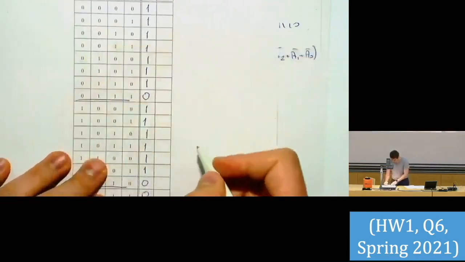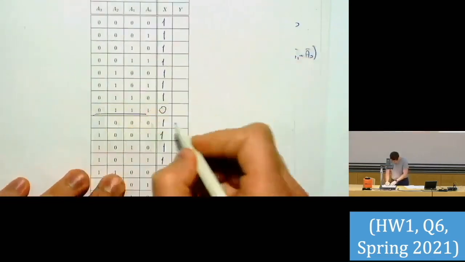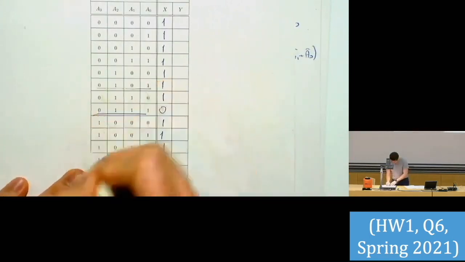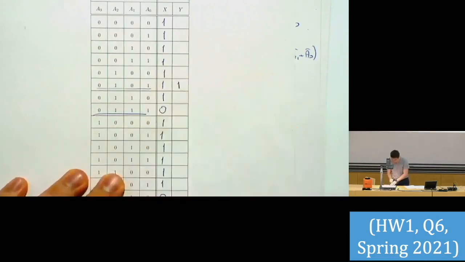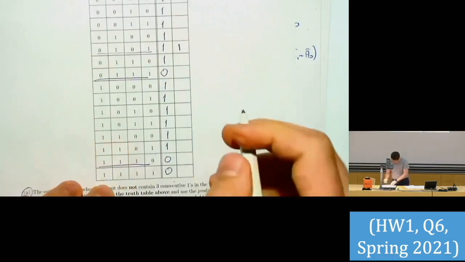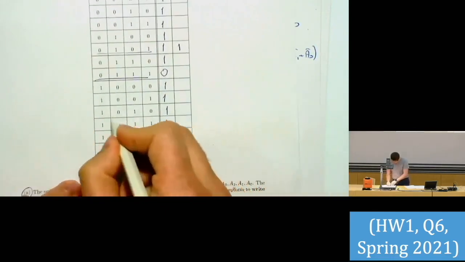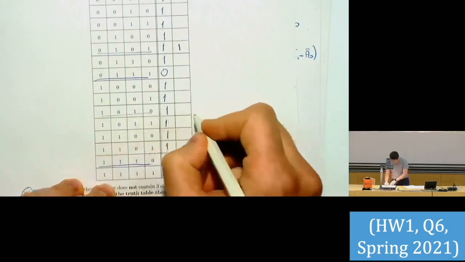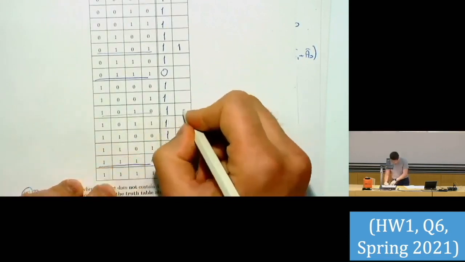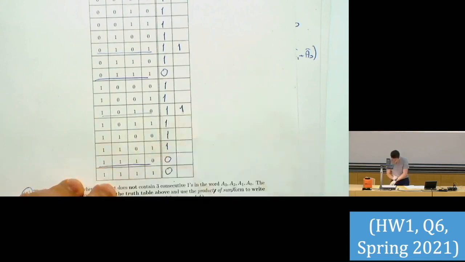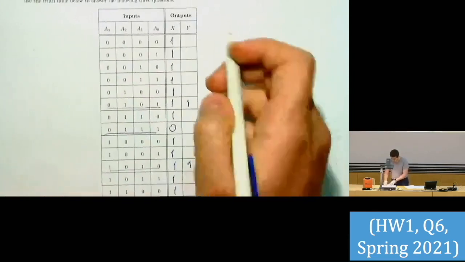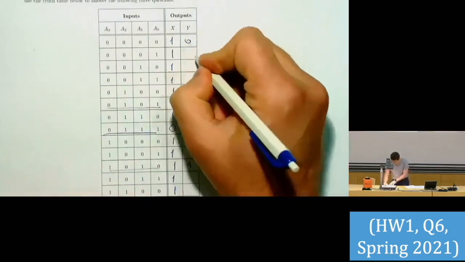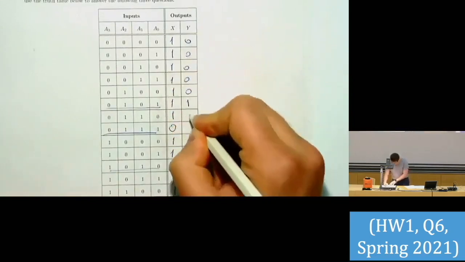So here, I don't have any adjacent input equal to each other, so this should be 1. And here, I also don't have any adjacent inputs equal to each other, so this should be 1, and the rest should be 0, because for the rest of the cases I will have at least two adjacent inputs equal to each other.